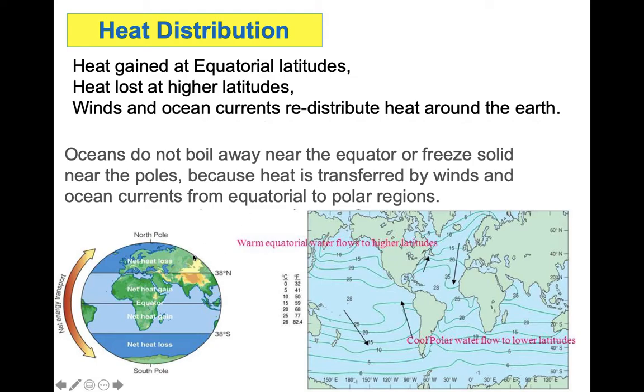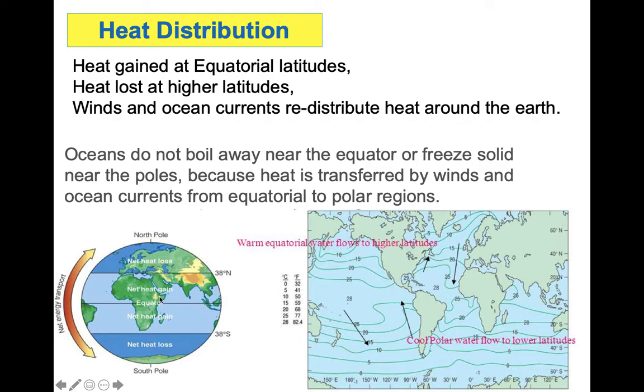So heat gained at equatorial latitudes on the face of the Earth is quickly dispersed and transferred towards higher latitudes. So heat is gained near the equatorial zone and lower latitudes, and then lost at higher latitudes. So there's this energy transfer.